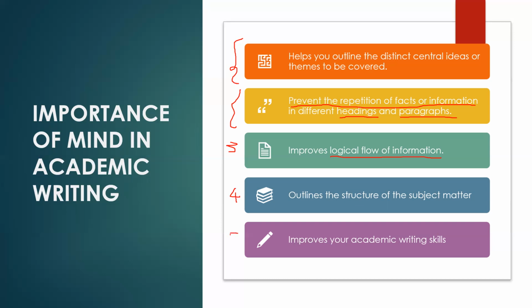Okay, the fifth one, point number 5, it improves the academic writing skill, because the more you use a mind map, the more you understand how the structure is supposed to look like when you do writing. So in that way, you improve your writing skill because you can see that this introduction or this problem statement is structured or is not well structured.